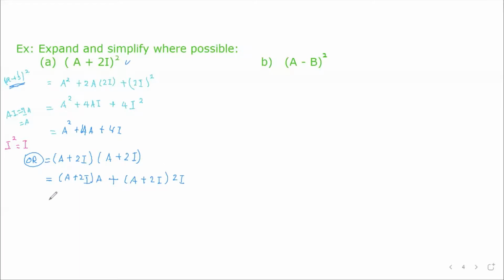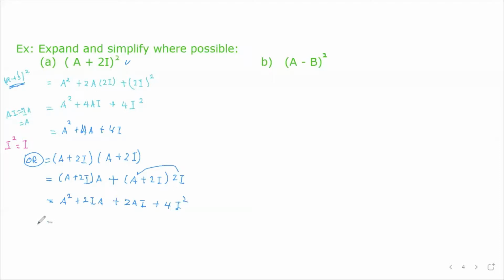Okay, after this, A times A, so this A should be at the back of this A, but they are the same A anyway, so it becomes A squared, right? Plus 2IA, and then plus again this multiplication here. 2 is a scalar, it can move around, it doesn't matter, so it becomes 2AI, plus 2 times 2 becomes 4, I squared.